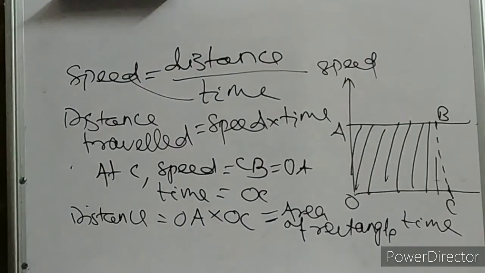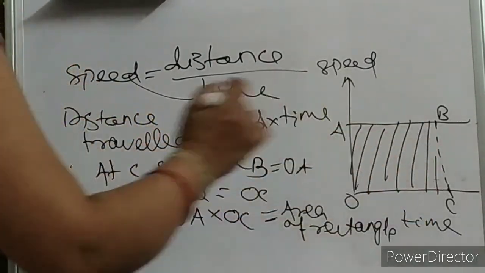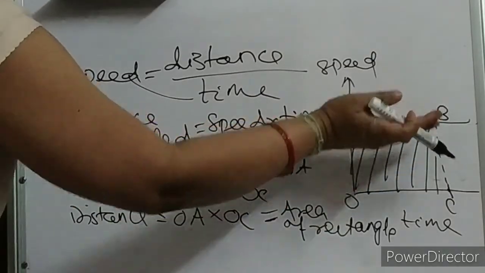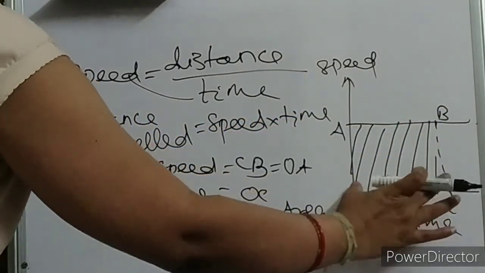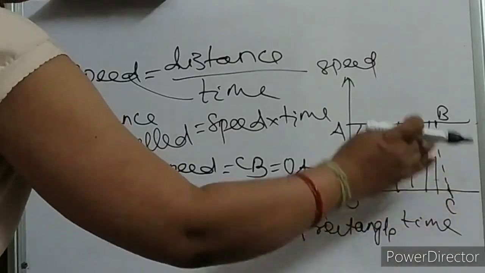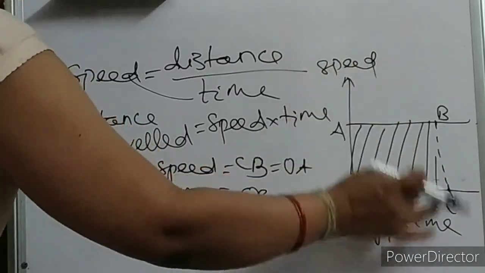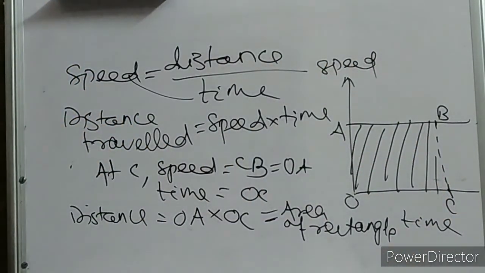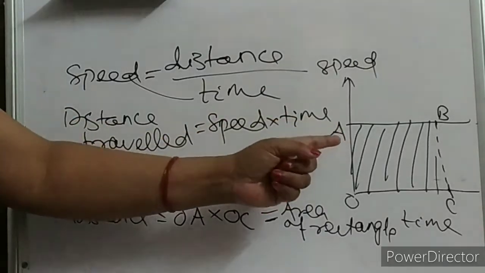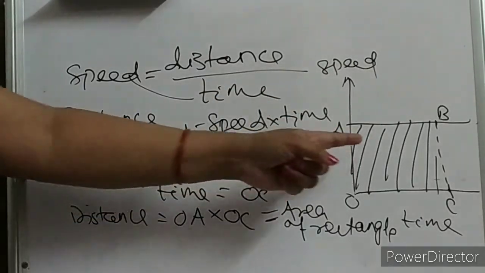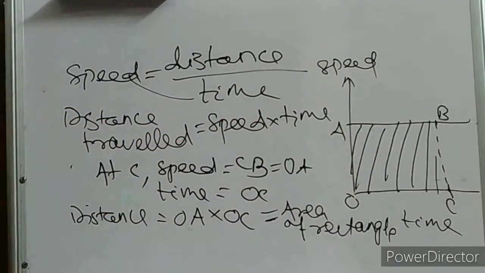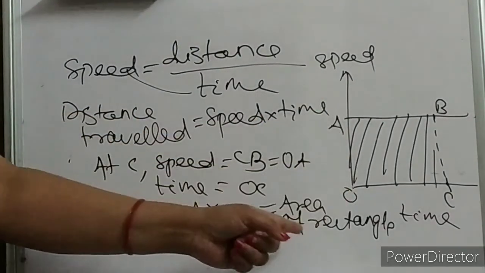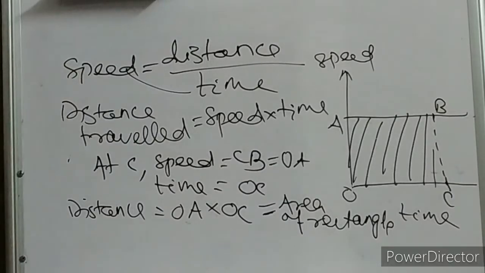So OABC is the area enclosed in a given amount of time, OC. This is the area enclosed by your speed-time graph. Is it clear? In the speed-time graph, the area enclosed by the speed-time curve and the time axis is nothing but the distance traveled.